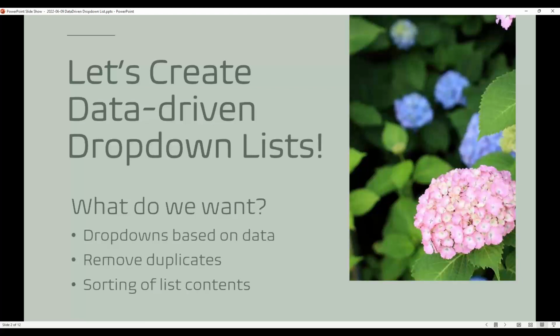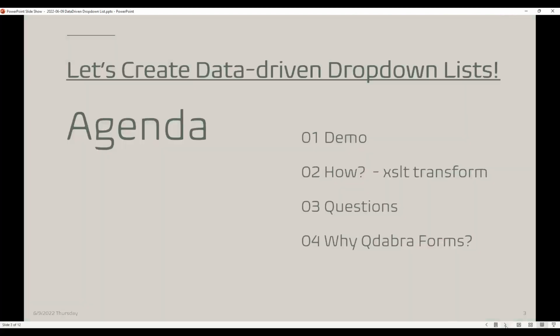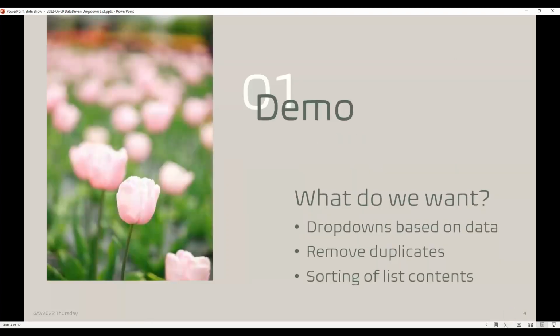Just two things are needed: duplication should be removed, and we also love to see a sorted list. The agenda is straightforward. I do some quick demo and we'll explain how to do that, followed by questions and why Qdabra forms.